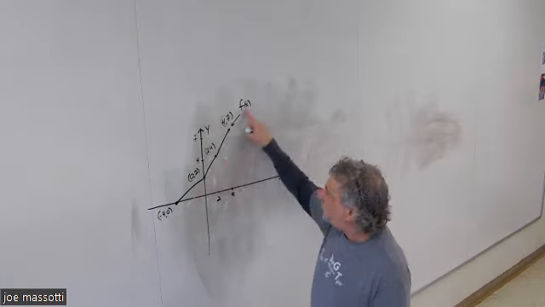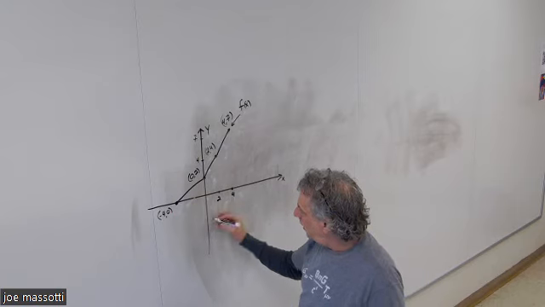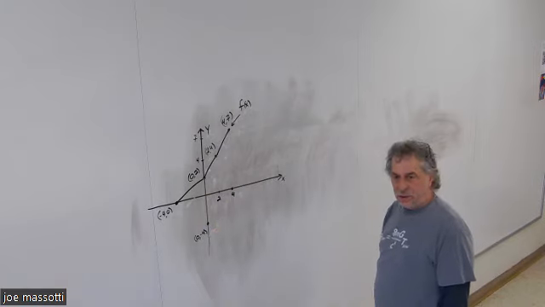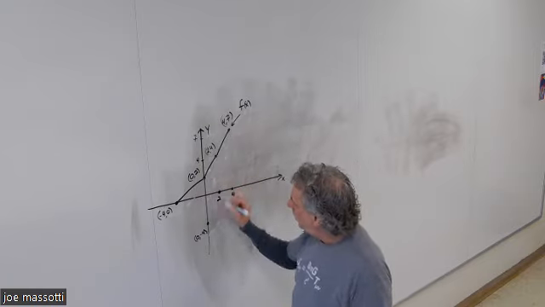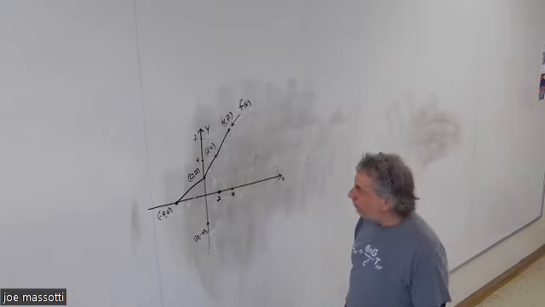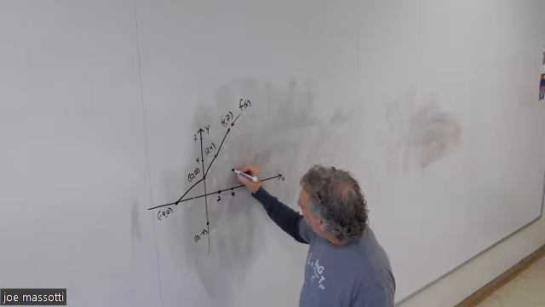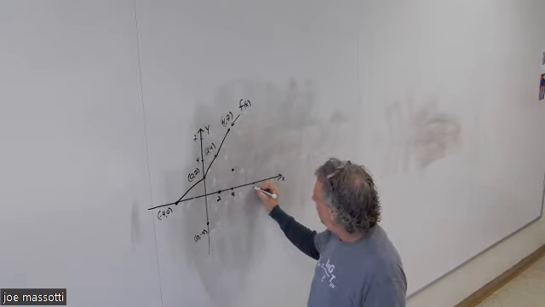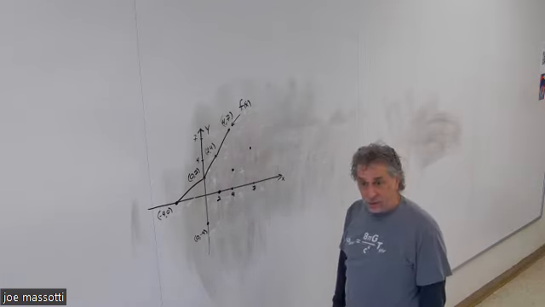So if -4, 0 is on the f of x function, then 0, -4 is going to be on the inverse function. If 0, 2 is on f of x, then 2, 0 is going to be on the inverse function. If 2, 4 is on f of x, then 4, 2 is going to be on the inverse function. And if 4, 7 is on f of x, then 7, 4 is also going to be on the inverse function.